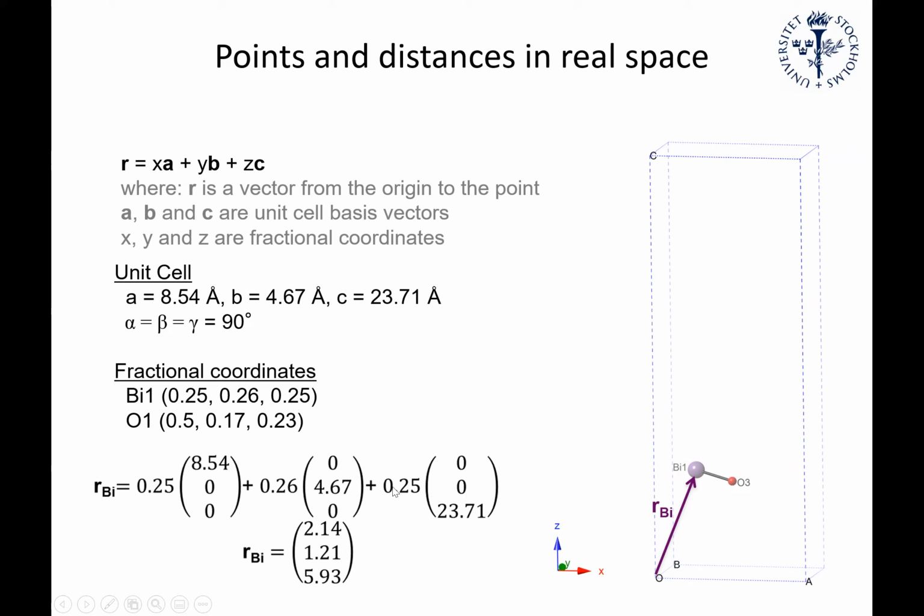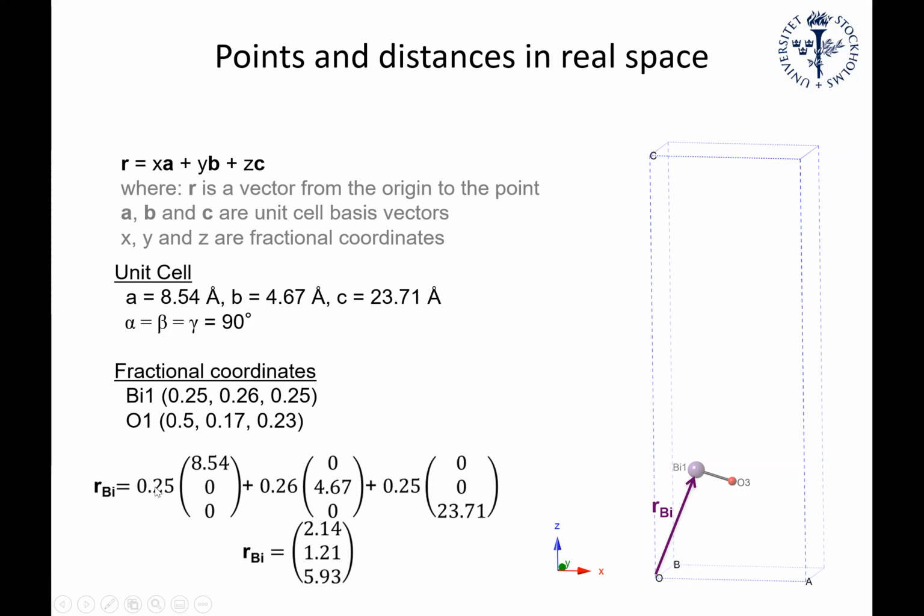And then for the final part, we have our final fractional coordinate, 0.25, the value for z, times this matrix, again 23.71 angstrom along the Z direction. So if you sum this up, 0.25 times 8.54 gives you 2.14.